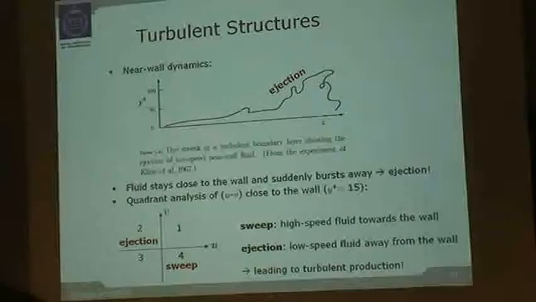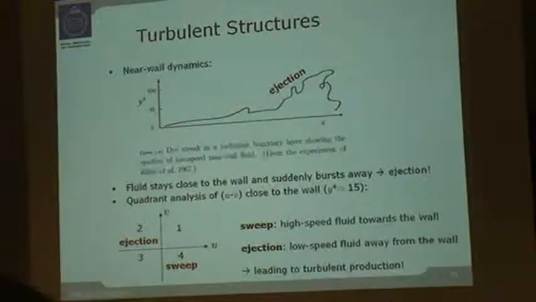So consider when you put a little bit of dye into the near-wall region, you will then see in an experiment that this dye will usually stay for a certain while very close to the wall until it is lifted and sort of violently bursts away. This is what we usually call ejection.